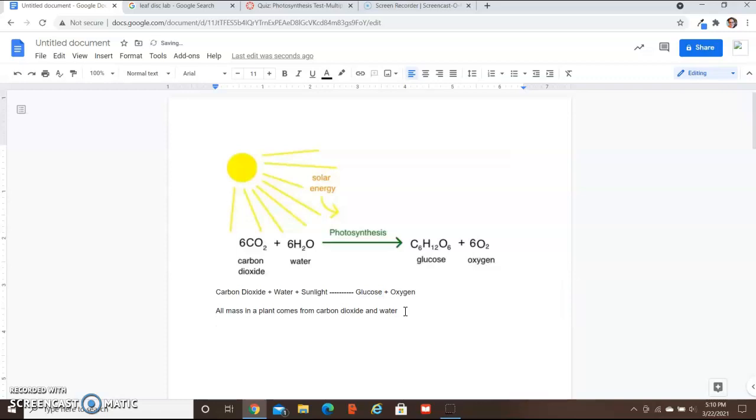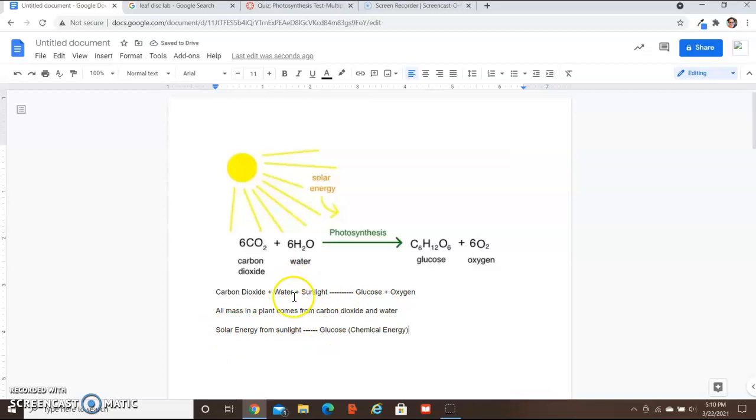So we are taking solar energy from sunlight, and through photosynthesis, we are converting that into glucose, which is a form of chemical energy that the plant is able to use.